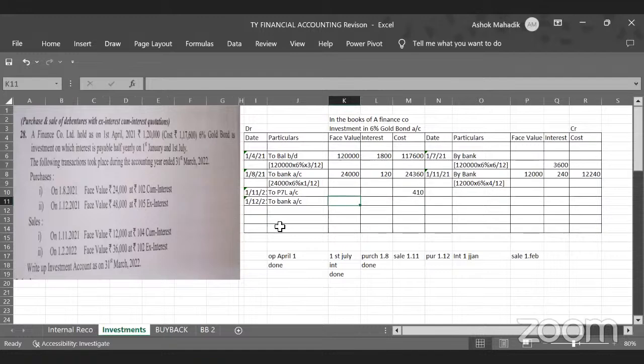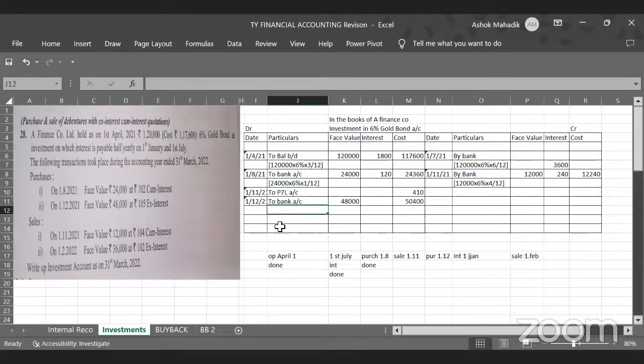Purchase on 1st December: face value is given as 48,000, so I'll put 48,000. The quote is ex-interest, so we can directly write the amount. 48,000 into 105%. You need not minus interest. So here you can relax, you can calculate interest later on.